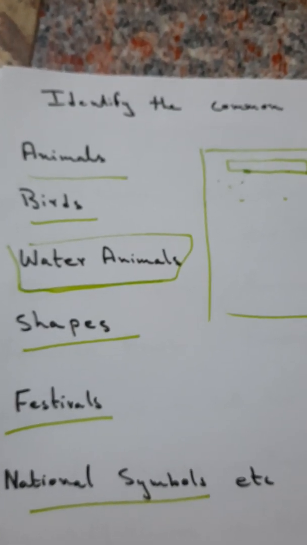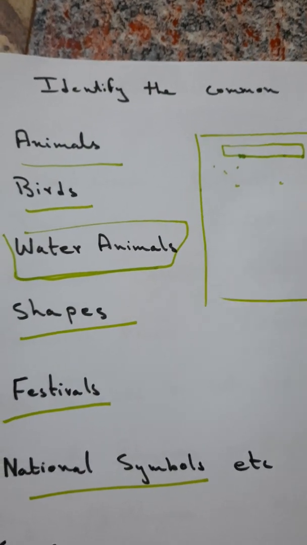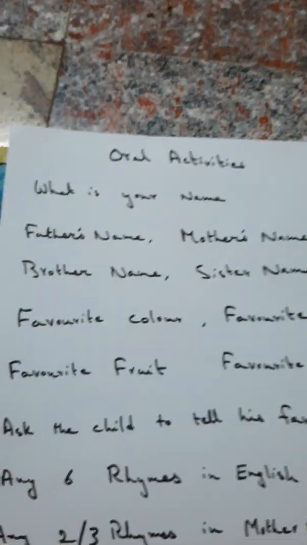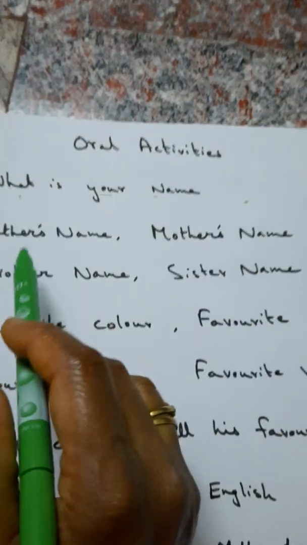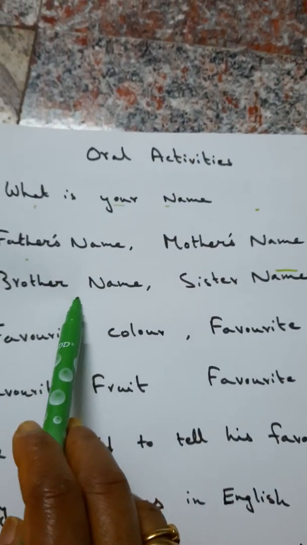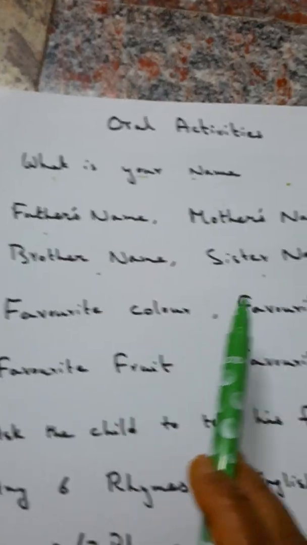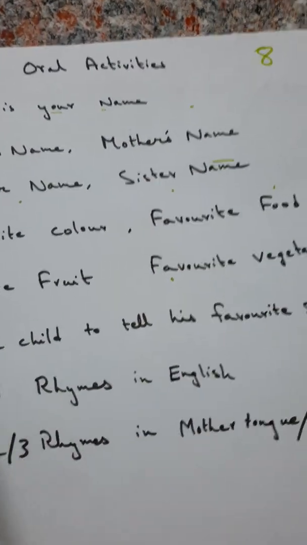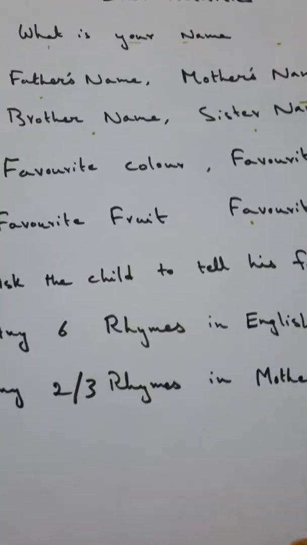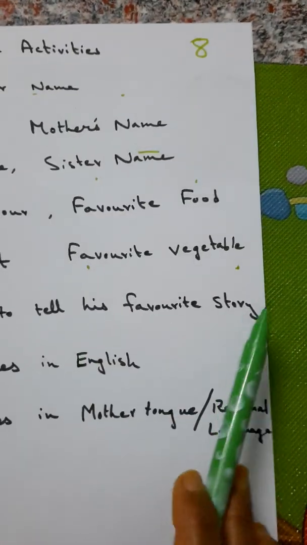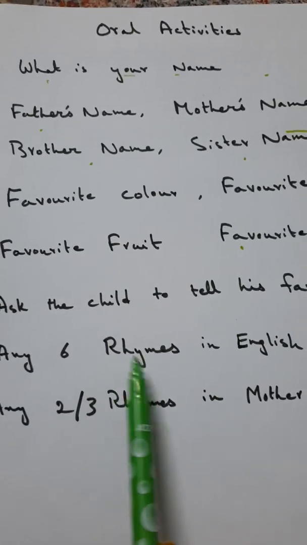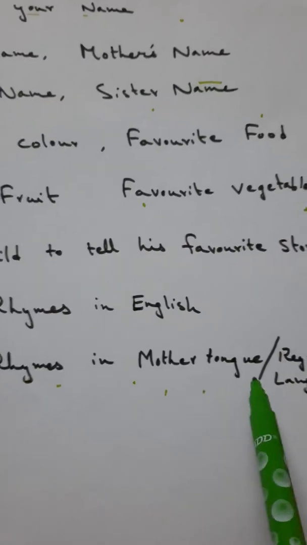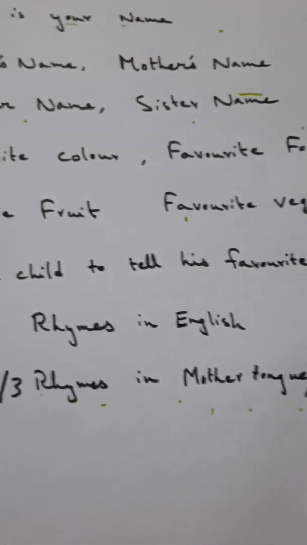Then the next worksheet, that is the eighth worksheet, is oral activities. Ask what is the child's name, father's name, mother's name, brother or sister's names, favorite color, favorite food, favorite fruit, favorite vegetable. You can also ask the child to tell his favorite story. Then any six rhymes in English, and any two or three rhymes in mother tongue or regional language.